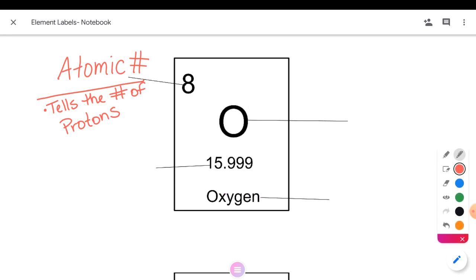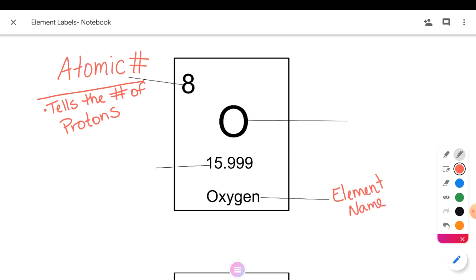Parker, do you have a question? What is it? It's an element. So you're right. So he said the word oxygen is an element. The word is actually the element name.